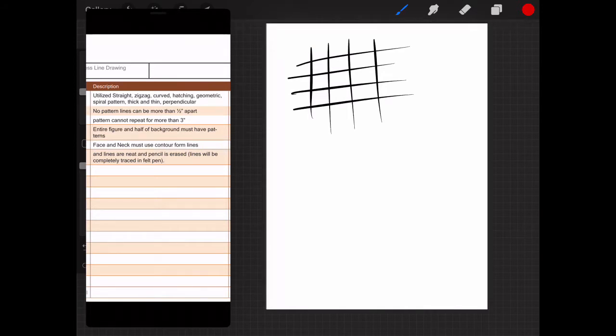You have perpendicular lines because these all meet at a 90-degree angle. You have a geometric pattern repeating with the squares. And probably the most deceiving of all, you also have a zigzag. So by drawing this single pattern out, I've accomplished most of the types of line required from the line types.